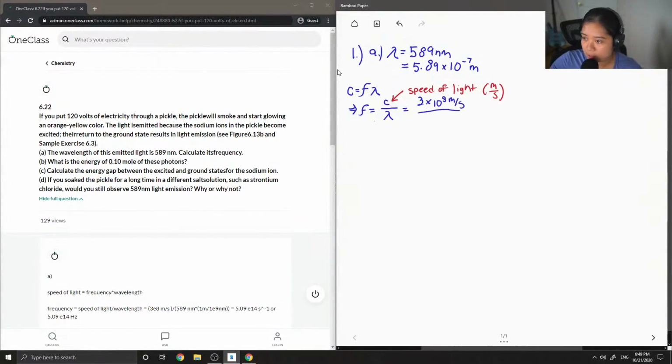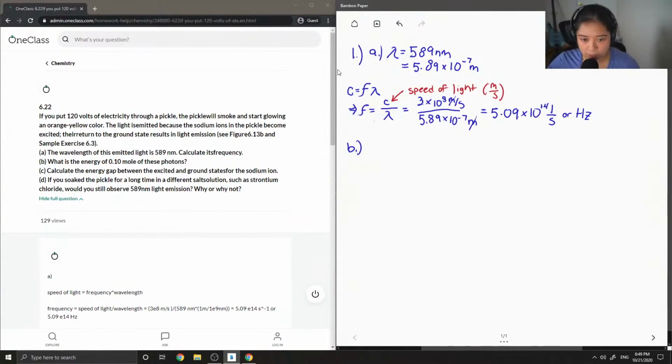And then our wavelength is 5.89 times 10 to the negative 7 meters. You'll notice that the units for meters cancel out, and we're left with a final frequency value of 5.09 times 10 to the 14 1 over s, which is also the same thing as hertz. Okay, so that's part A.